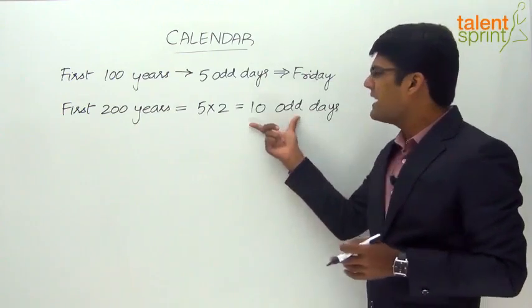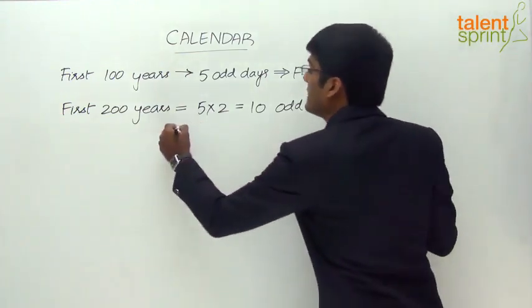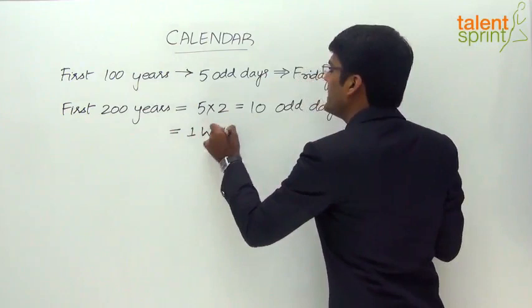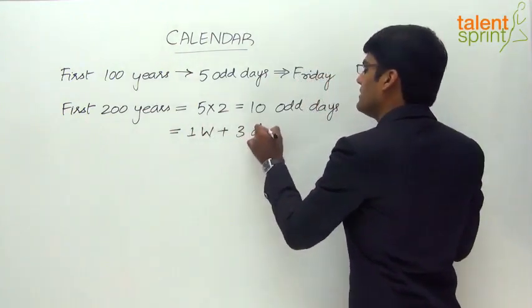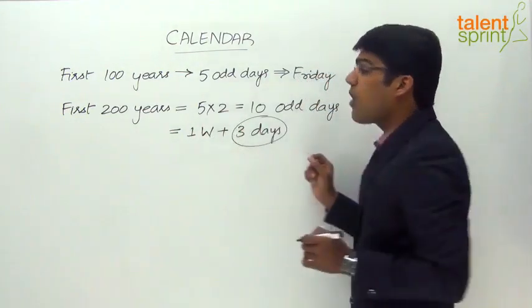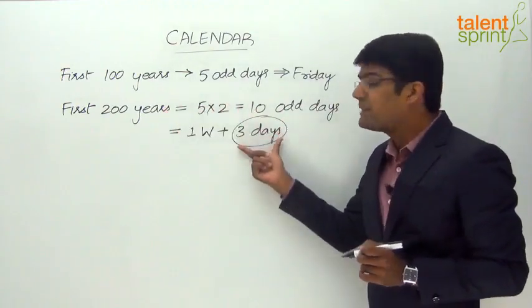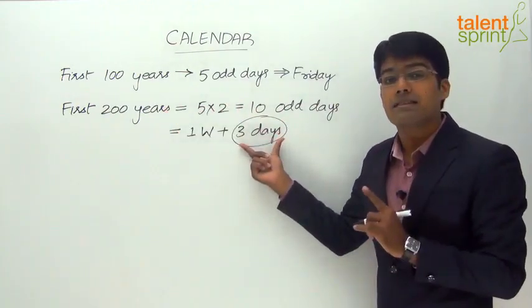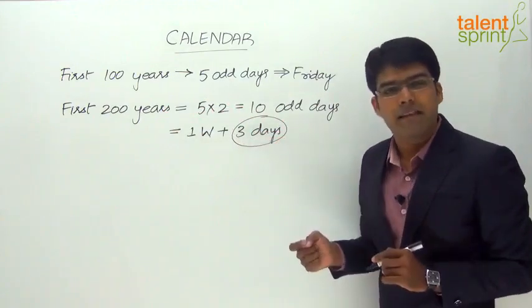Now 10 odd days again can be split as 1 week and 3 days, and therefore we can say the number of odd days in the first 200 years was 3, and 3 odd days means the last day was a Wednesday.